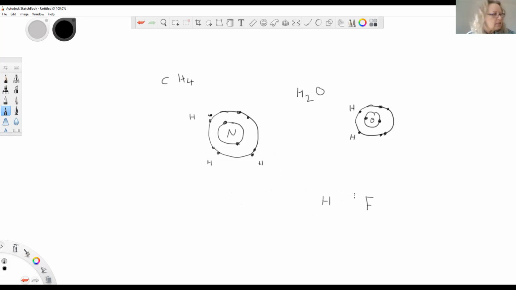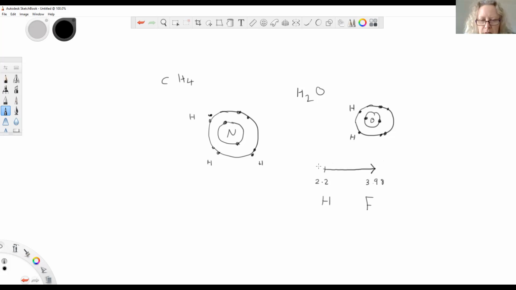Now, fluorine has an electronegativity of 3.98, and hydrogen has an electronegativity of 2.2. So you end up with this overall more negative end and a more positive end.